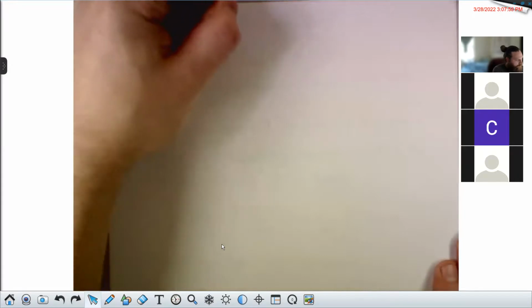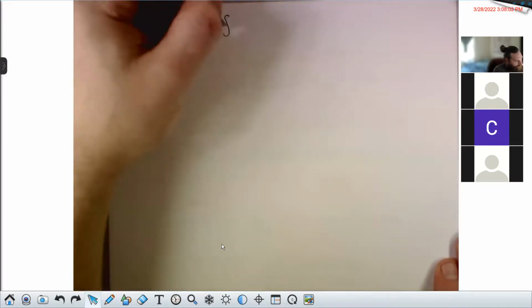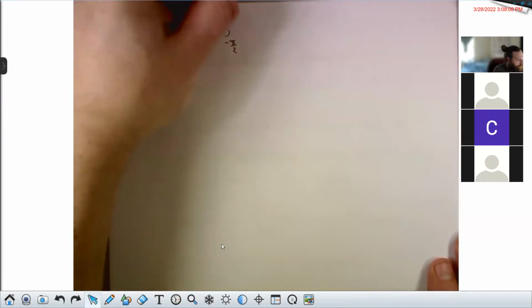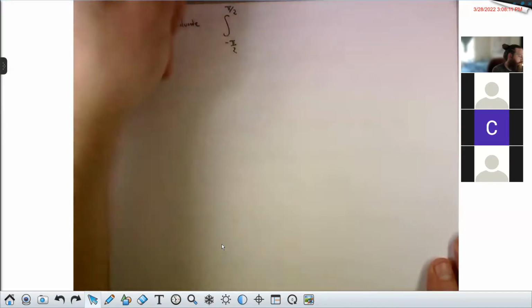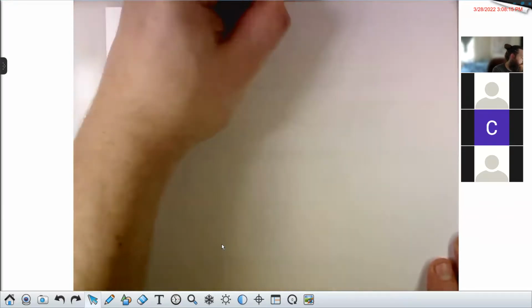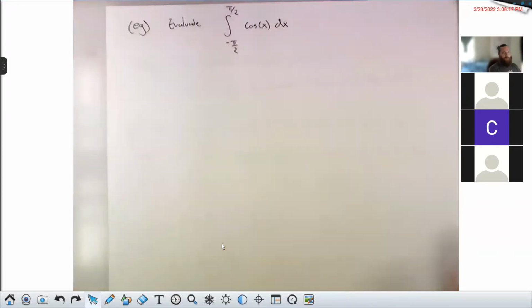Let's evaluate the integral from, let's say, negative pi over 2 to positive pi over 2 of cosine of x dx.